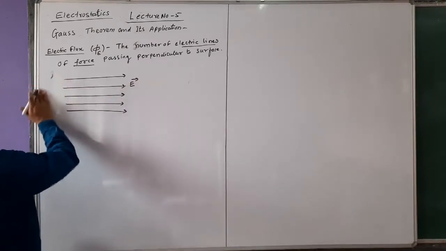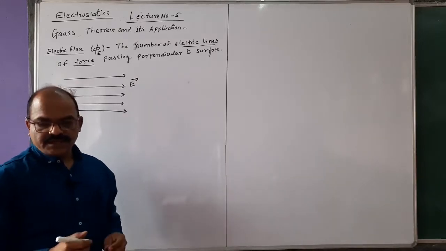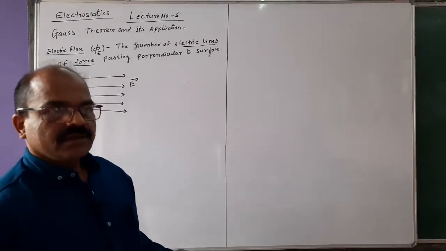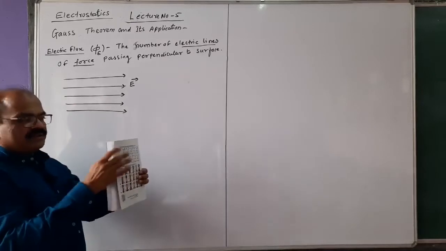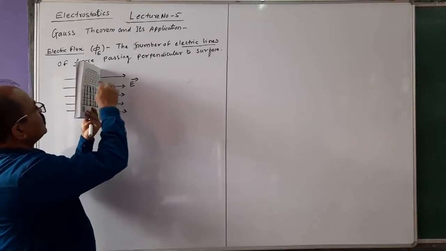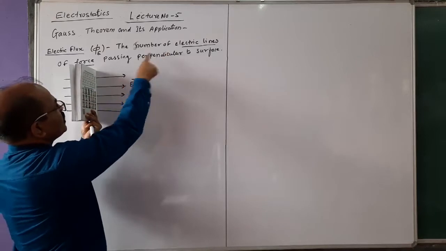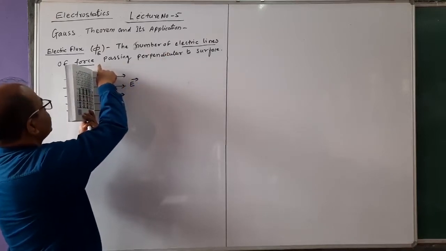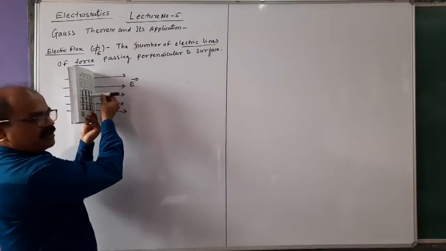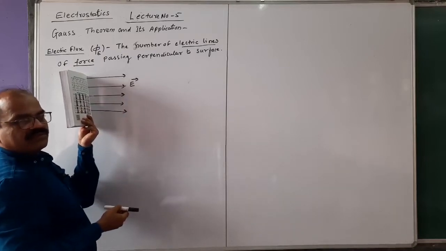In that electric field, suppose an area element is placed. Now this number of lines of force passes through this surface, perpendicular to the surface. The number of electric lines of force going in this direction is known as flux.